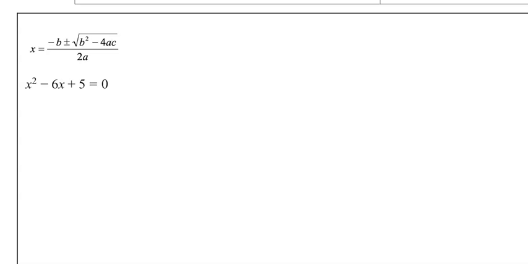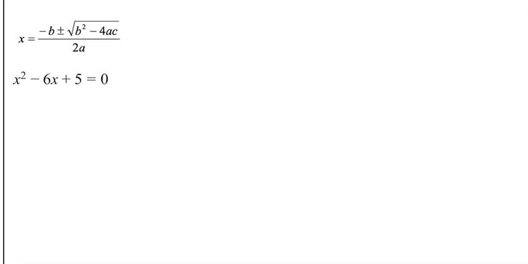The first thing we want to do is figure out what our terms equal. The coefficient of a is 1, so I have that. The coefficient of b is -6, and c is +5. And I'm just going to use that to substitute into the formula.